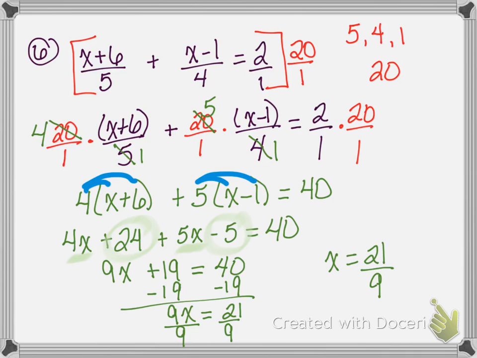What number will go into 21 and 9? 3. So 21 over 9 simplifies to 7 over 3. And that's because 3 goes into 21 7 times, and 3 goes into 9 3 times. Okay, so my final answer here is 7 over 3. Okay?